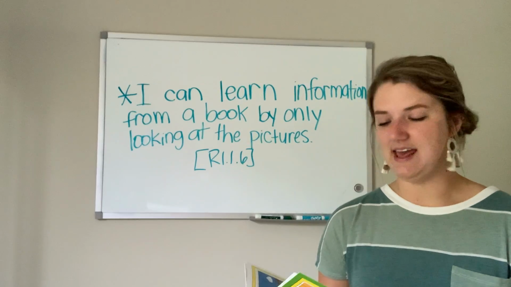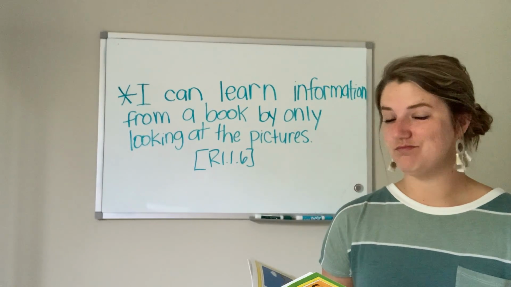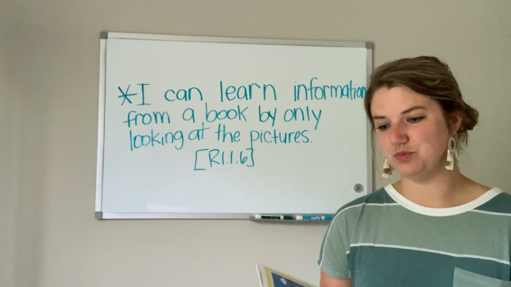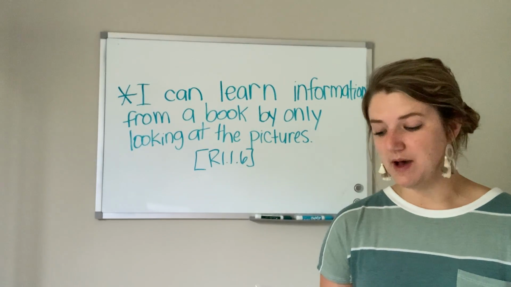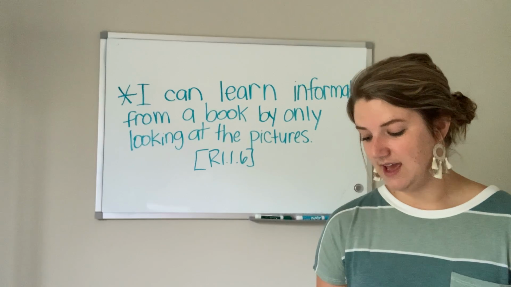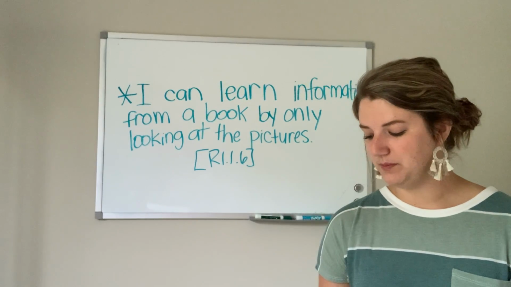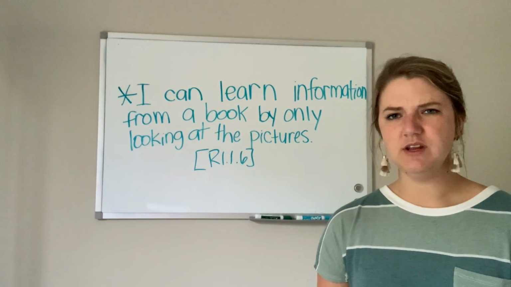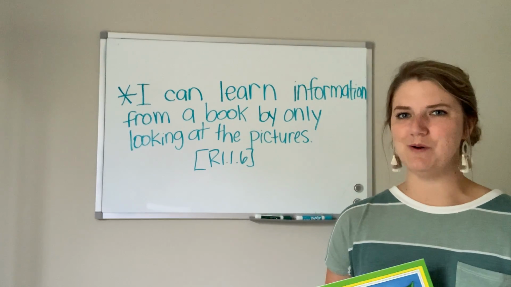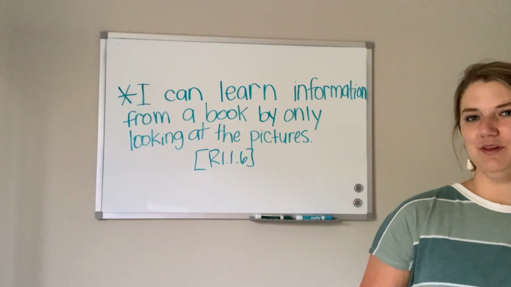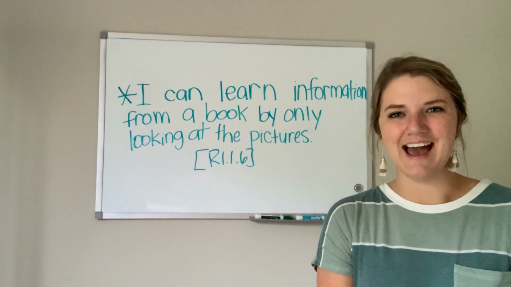An egg sac, and I'm thinking that's where the babies are, but we will have to read to find out for sure. We learned about the different parts of the spider's body. We looked at the spider and a yellow jacket or bumblebee. And then we know that people have something to do with spiders, but we don't know yet what that means. So we'll look at that tomorrow to decide that.